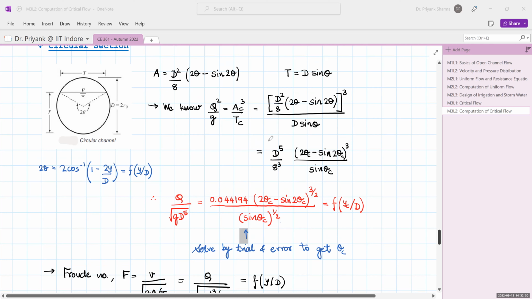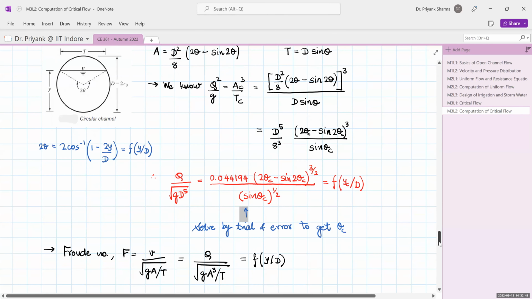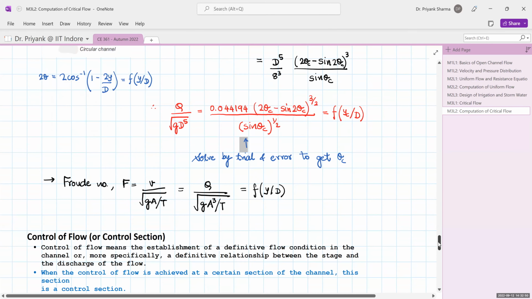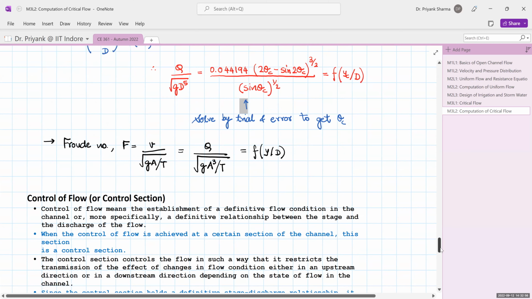So this is straightforward simplification of this. So again we can see that this is a function of yc and d, and you apply a trial and error approach to get theta c, and then you can compute the other components using this relationship. So again, for a circular section, the Froude number is a function of y by d. So that means for a trapezoidal and circular section, the computation of critical depth is a complex task.